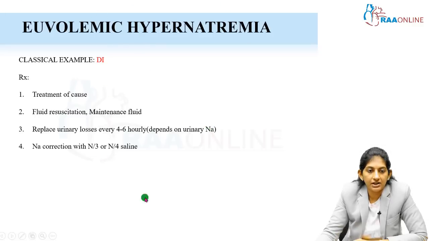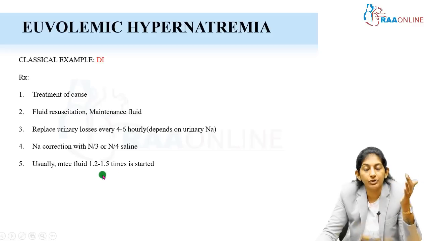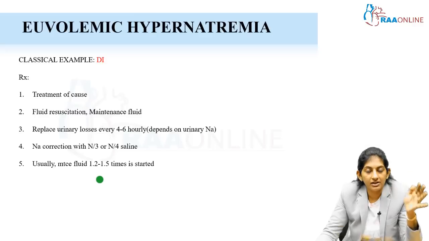In euvolemic hypernatremia, the fluid that we select is usually N by 3 or N by 4 saline. And maintenance fluid we increase. So this will be our maintenance fluid, N by 3 or N by 4 saline, and you increase the maintenance fluid to 1.5 times the normal required for that patient, and you continue this, serially checking the sodium levels, which will drop.